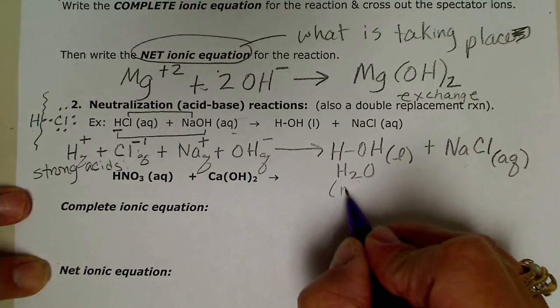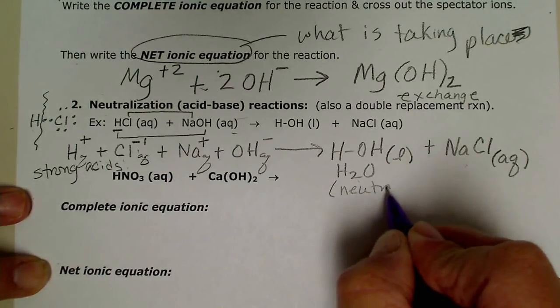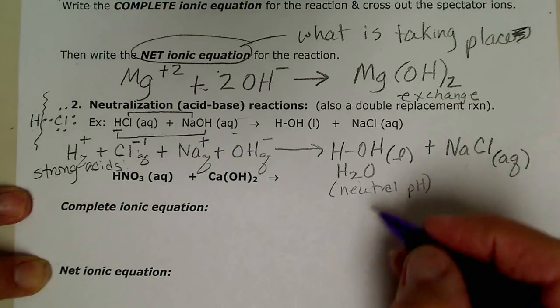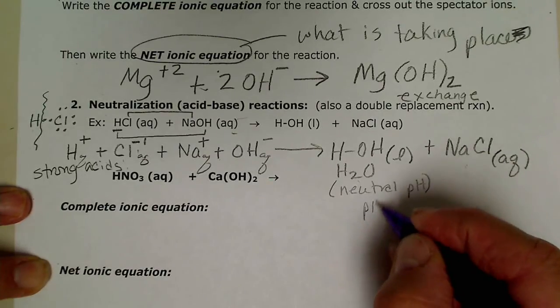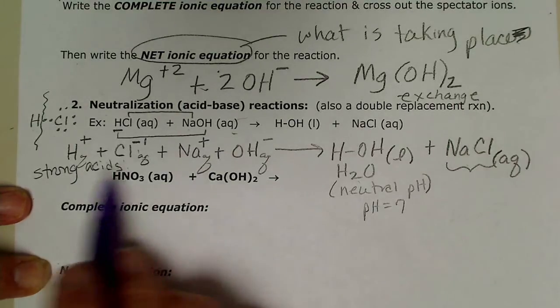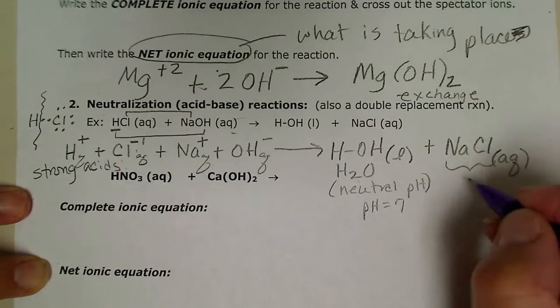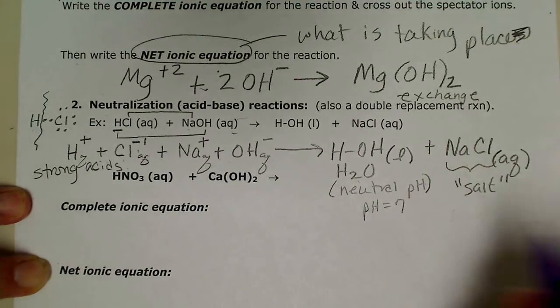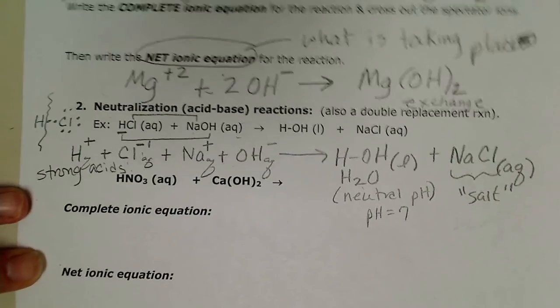Water has a neutral pH, and we'll discuss that in much more detail next semester. A neutral pH is a pH of 7, and an acid with a hydroxide will also form a salt. It may not be sodium chloride, but we'll still have the formation of a salt.